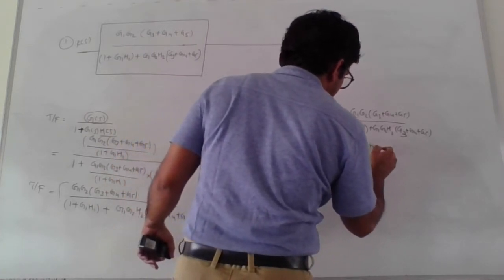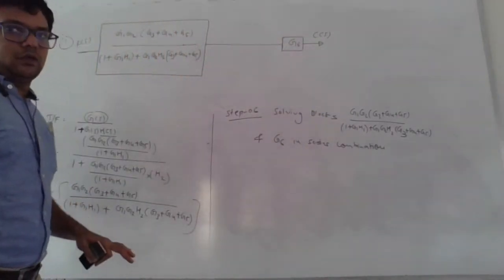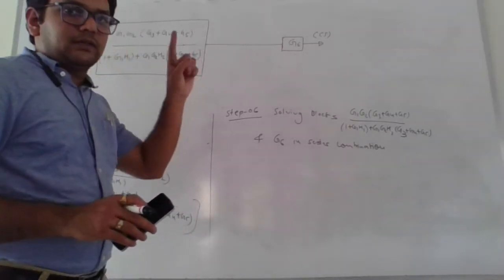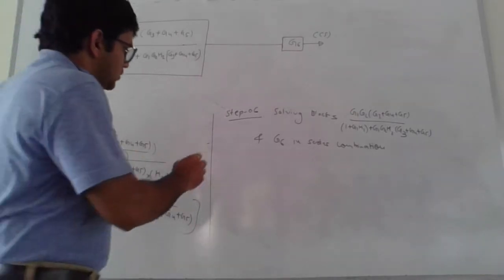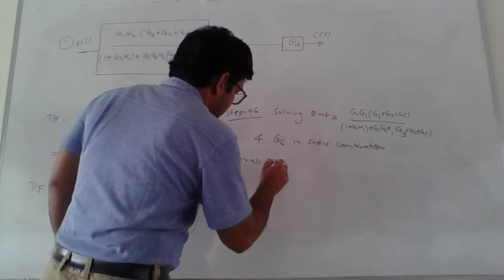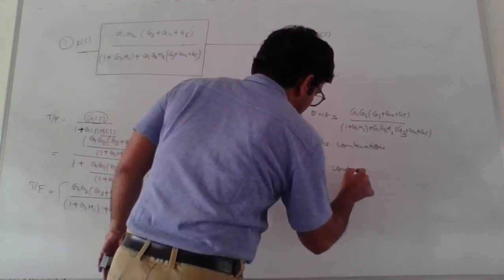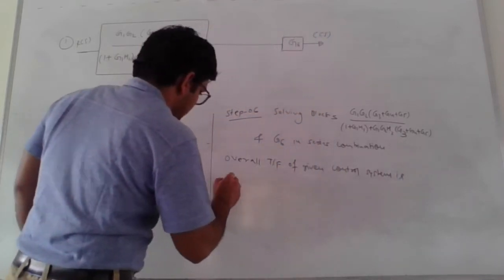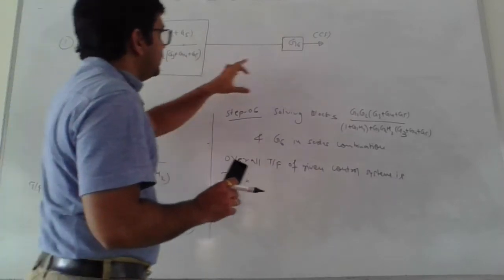combination. So when you solve these two blocks in series combination, the modified structure, or you can say the final structure, because if you replace these two blocks by a single block, that itself indicates your final answer, which is nothing but the overall transfer function. So I am writing here, overall transfer function of the given control system is, nothing but the multiplication of this block gain and this block gain.